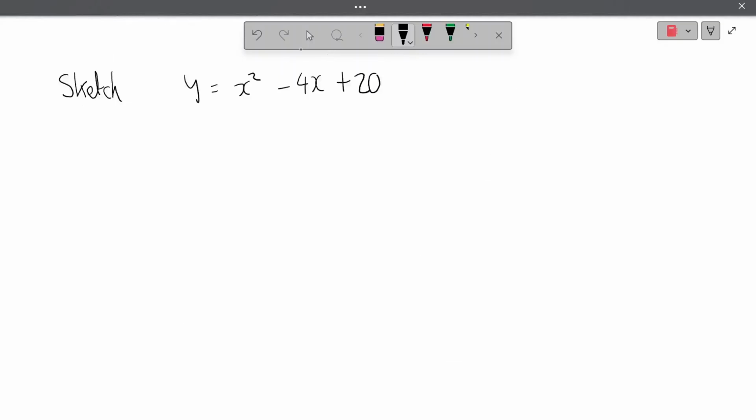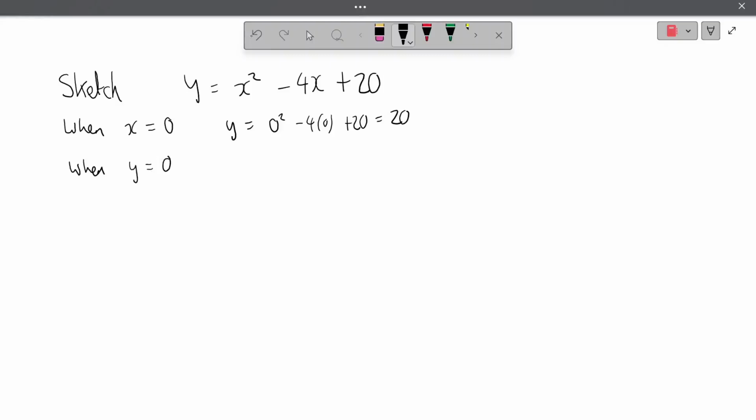So here we have another one which looks very similar. So we first will go when x equals 0, y equals 0 squared minus 4 lots of 0 plus 20, which is 20. Nice and simple. So what about when y equals 0?